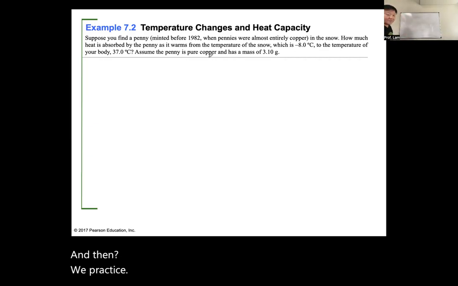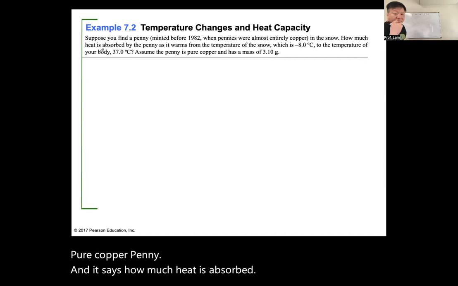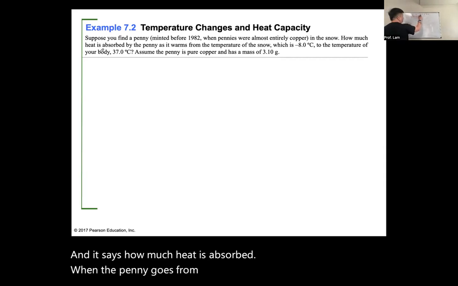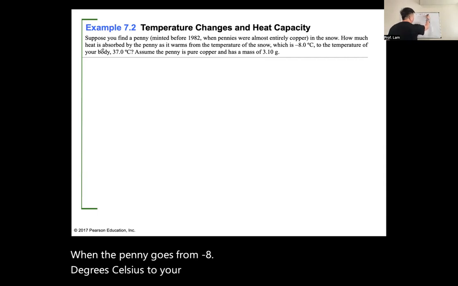So we have a copper penny, 3.10 grams, pure copper penny, and it says how much heat is absorbed when the penny goes from negative 8 degrees Celsius to your body temperature, 37.0 degrees Celsius.